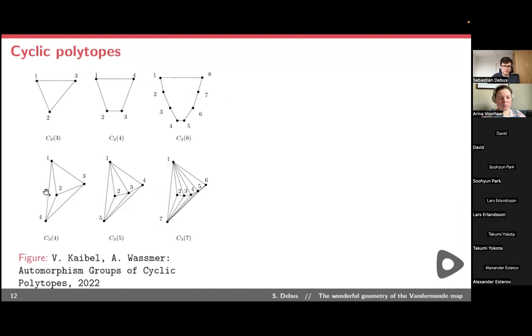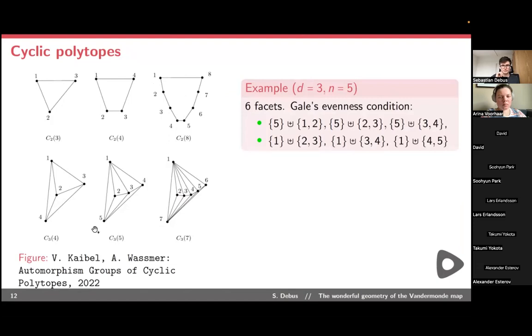And here we have a 3-dimensional visualization. And now let's compare this with Gale's evenness condition.